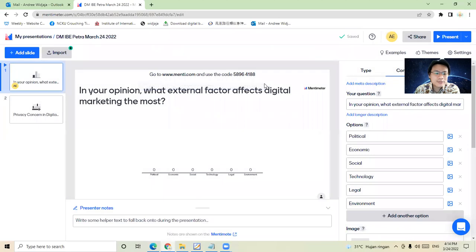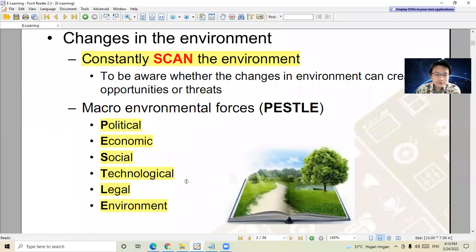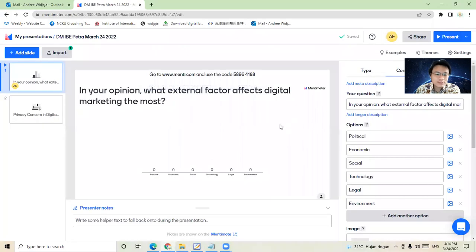So I would like to ask your opinion: what external factors affect digital marketing the most? As I already told you, there are 6 factors, right? According to your own opinion, which factor affects digital marketing the most? I will share the link to the chat, so you can answer the question through this link. You can try it right now.